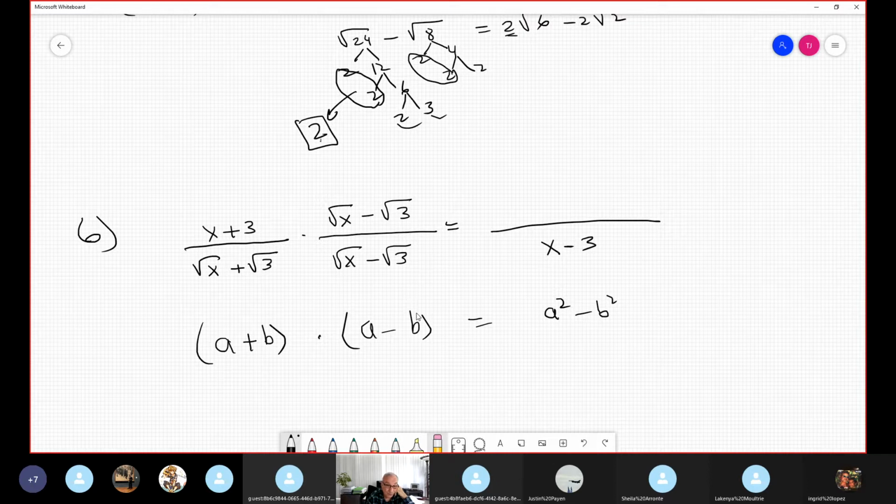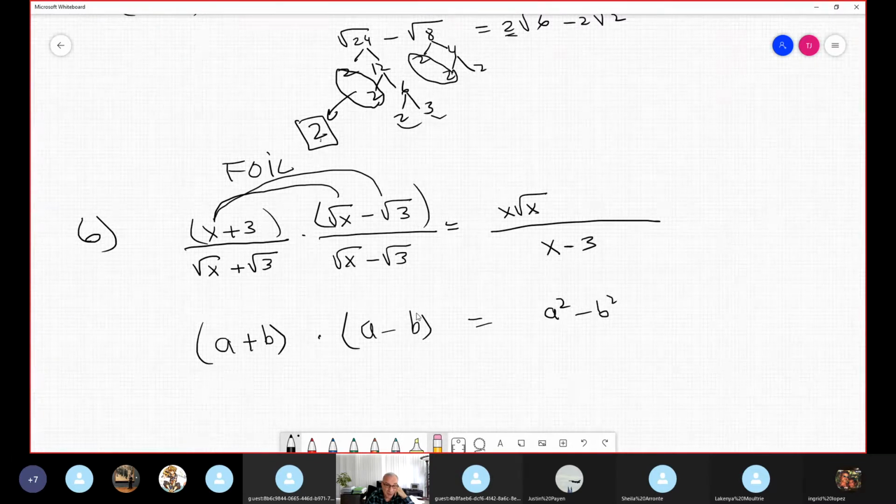And the top, well, it's a crazy multiplication, but you follow it, and that's it. X times radical x is x radical x. X times radical 3 is minus x radical 3.